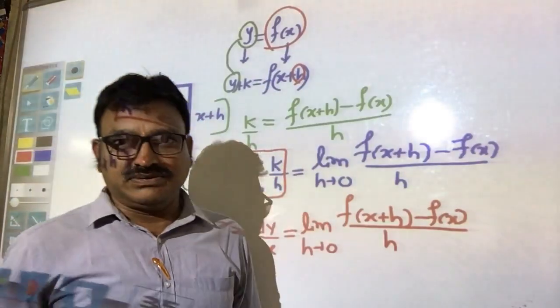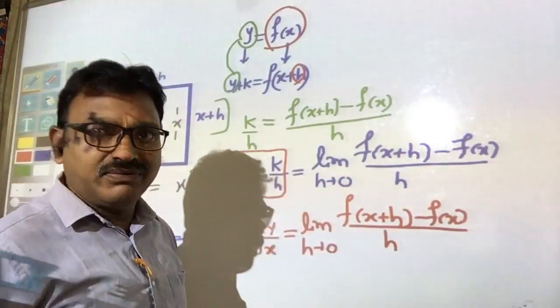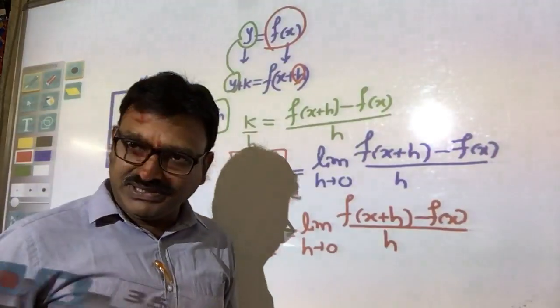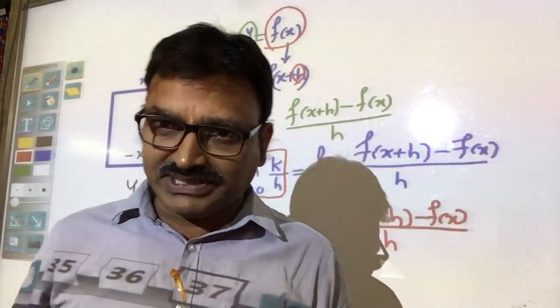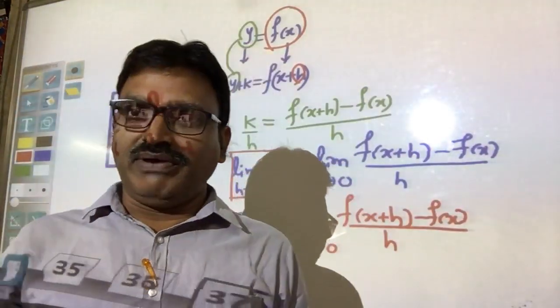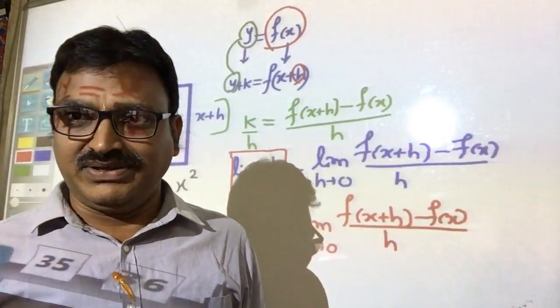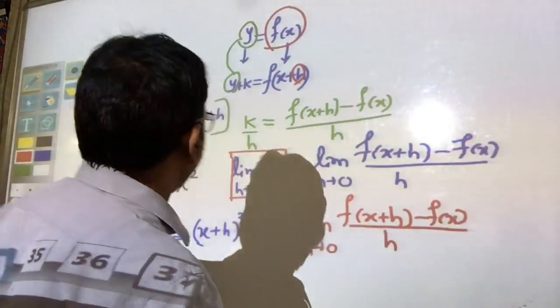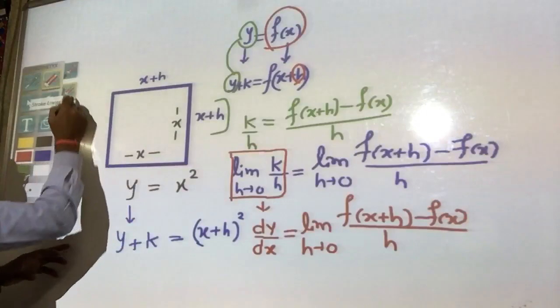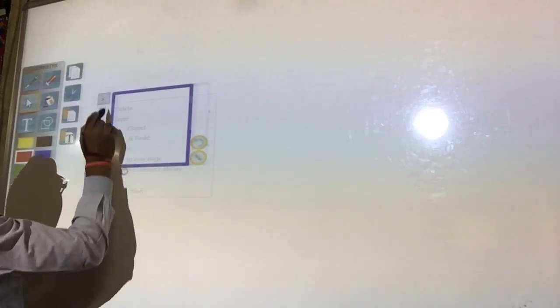So we will start our topic, differentiability of a function: when the function is differentiable, and how we will find the differentiation of the function. Now it is very clear that this is the main concept. Now we will write differentiability.